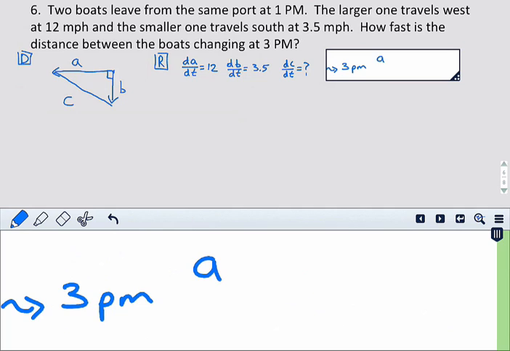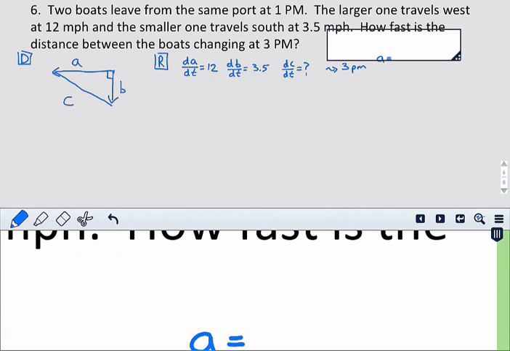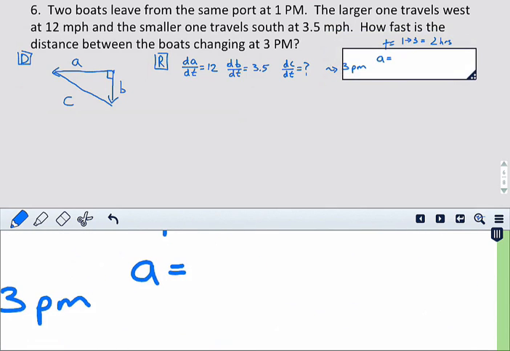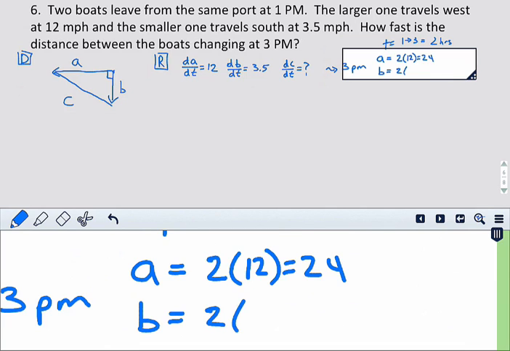So A at 3 p.m. will be, let's see, so time from 1 to 3 is 2 hours. And if you're going 12 miles an hour, it's going to be 2 times 12, or 24. So A is 24. And then B here is 3.5 miles per hour for 2 hours. So 2 times 3.5, and that's going to be 7.